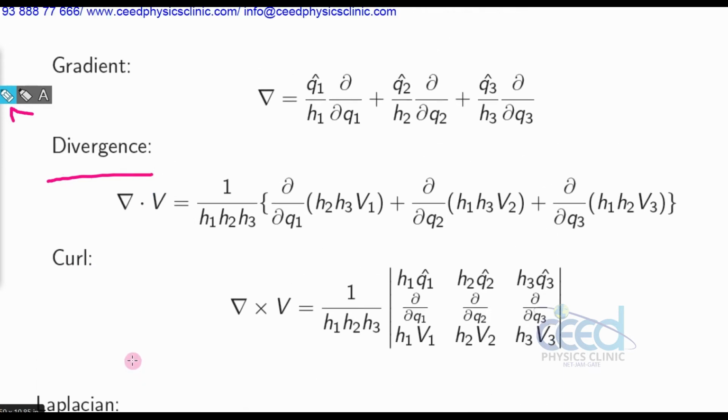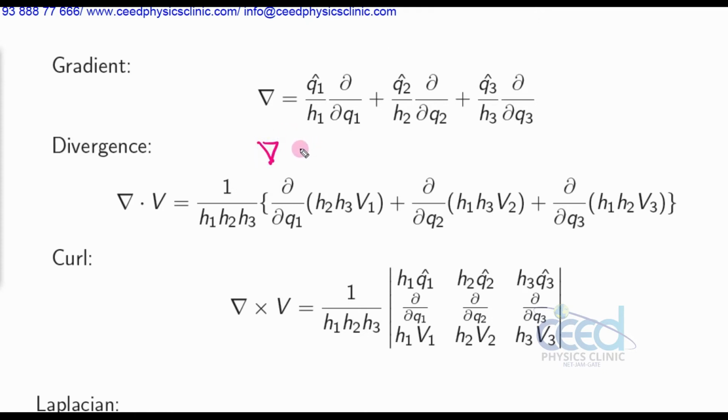Okay, now if you choose the spherical polar coordinate, let us see how the gradient will convert. So del is equal to, let me write this again here. First we can check del.